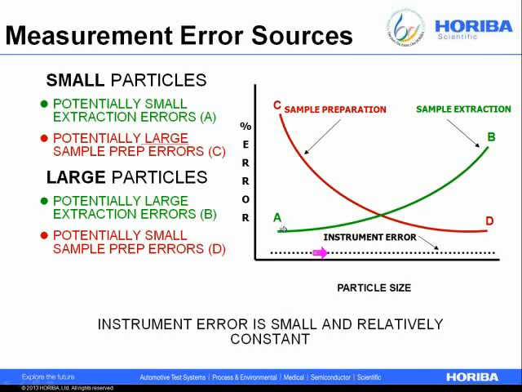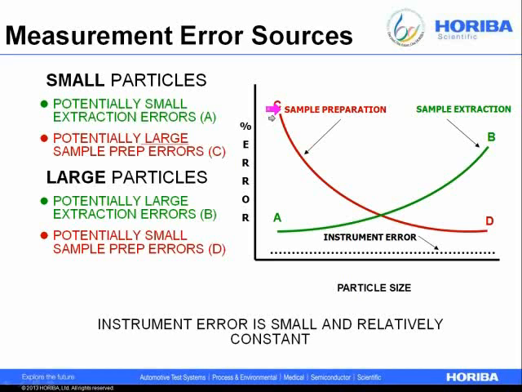Then you can have errors due to sample extraction. So you imagine you have a giant bucket of particles and you take out some of the particles and measure them. If the sample of particles you take out is biased, then you will have a measurement error, and that error tends to dominate for larger particle sizes.